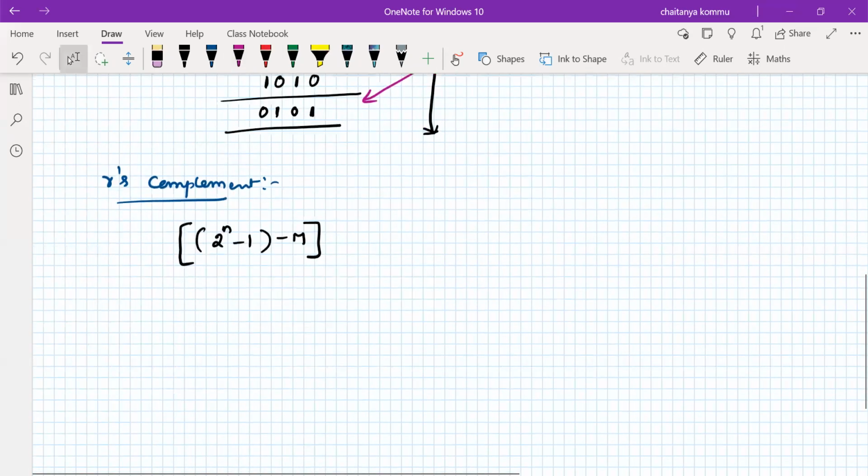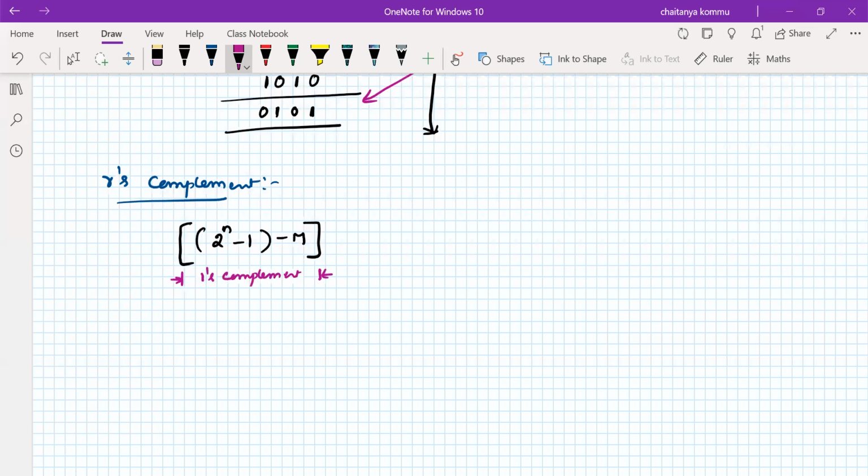So this is the ones complement. Agreed? Ones complement, and we have to add plus 1 to this. Now this becomes the 2's complement of the given number.